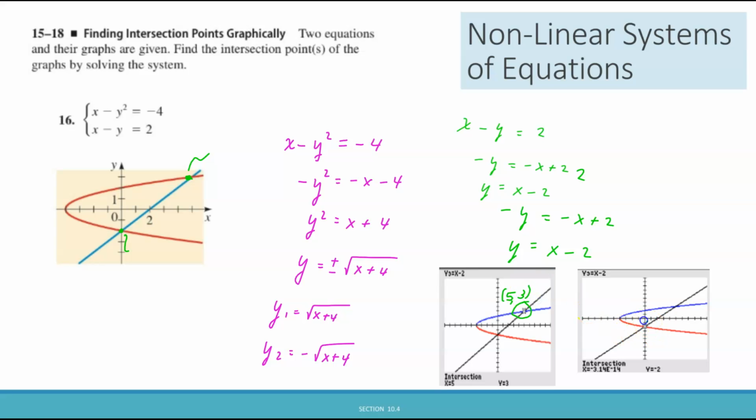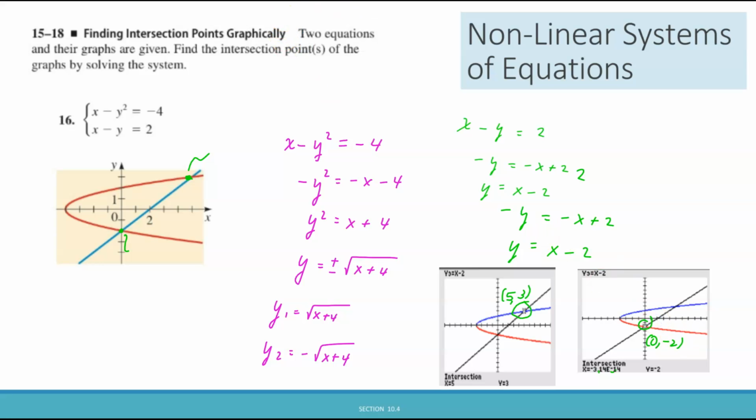For our other solution, this was the other point of intersection. E to the negative 14 means move the decimal place left 14. If I took this decimal place and moved it left 14, I'm pretty close to 0. This is just another way that our calculator says that x is 0, and then negative 2 for our y value.